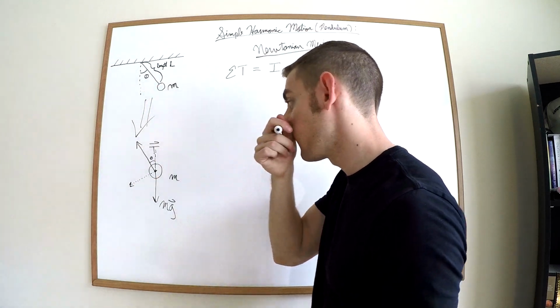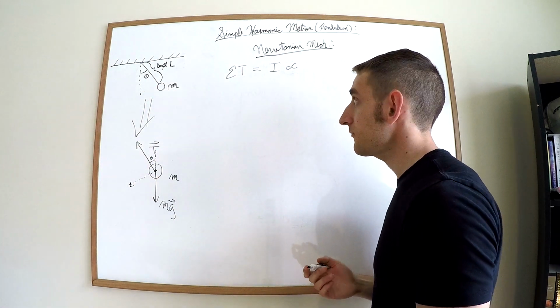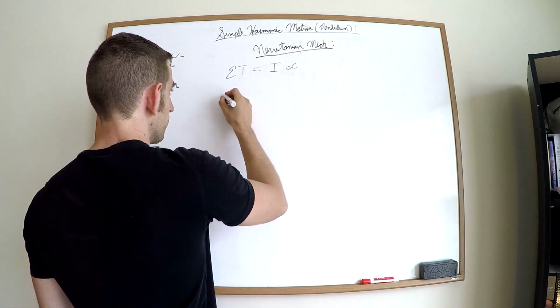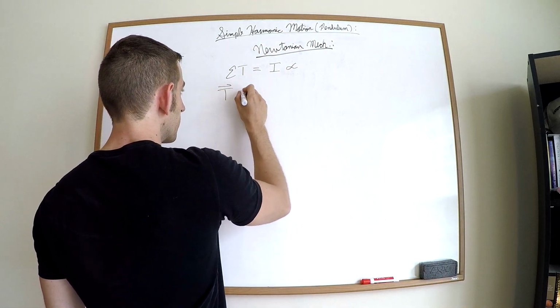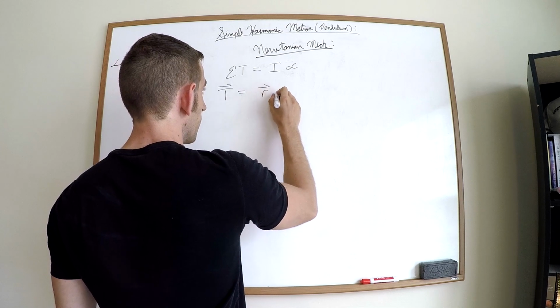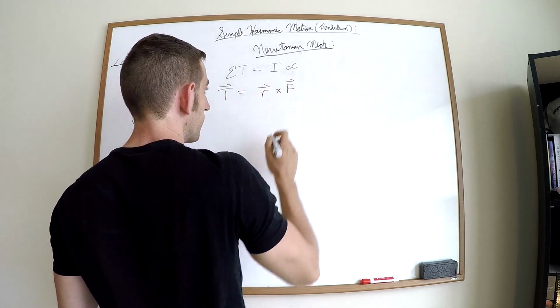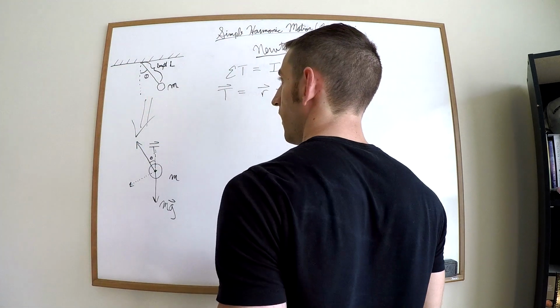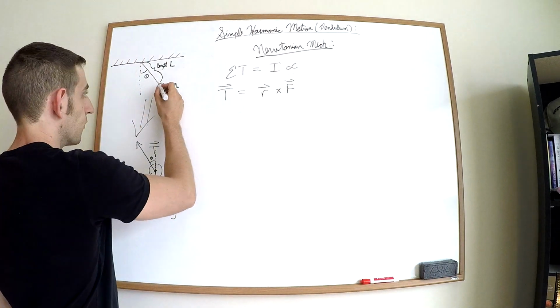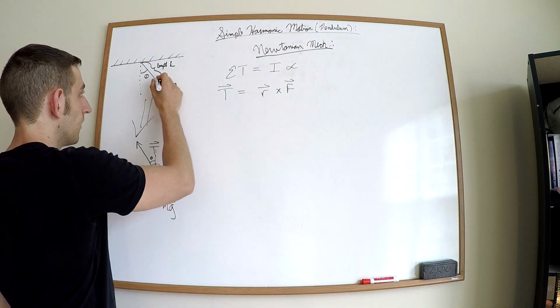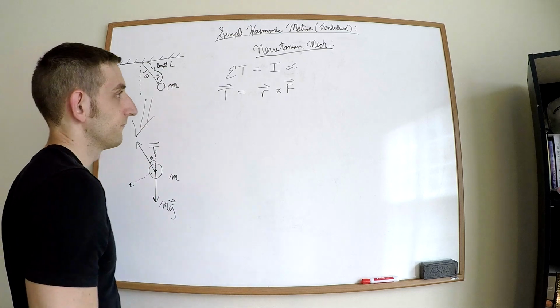Okay? So, we need to define our torques. We know torque is R cross F. So we need to define our R coordinate. This is basically our R vector.